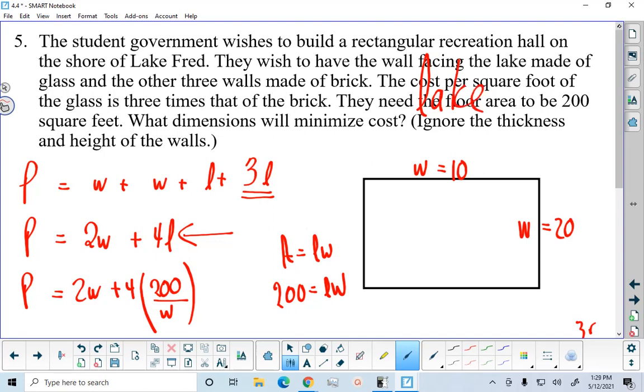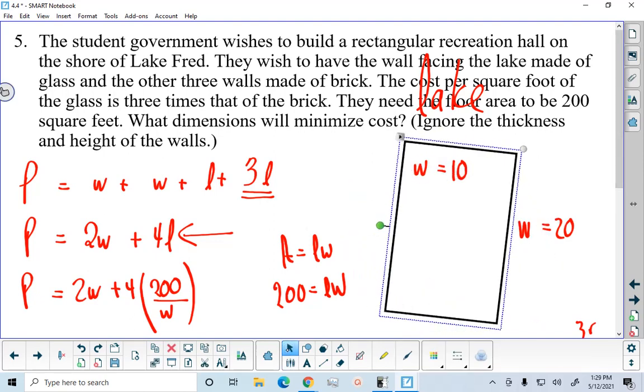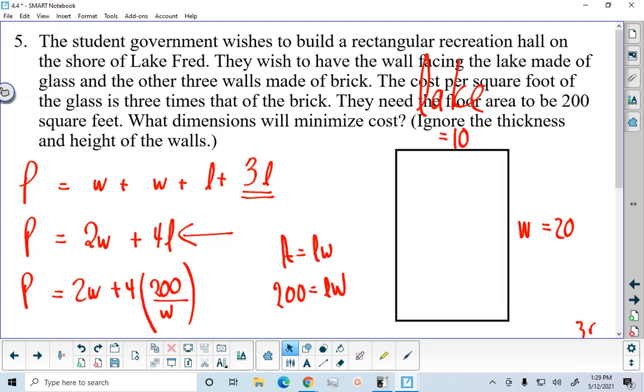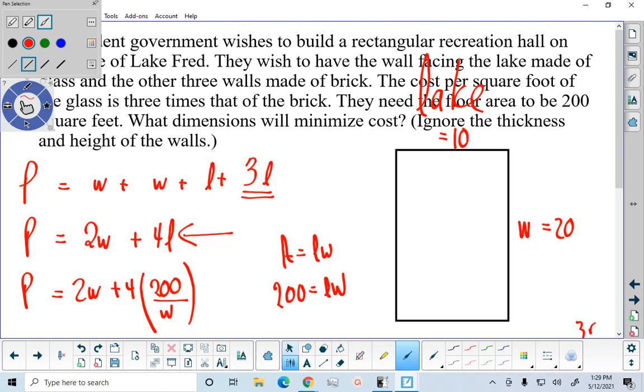I suspected that it would be the short side of the room that would be facing the lake, which to me is just intuitive because it's the side facing the lake that costs more money. So the rectangle would look like this instead. And I believe that should be L. I wrote W, but it's L.